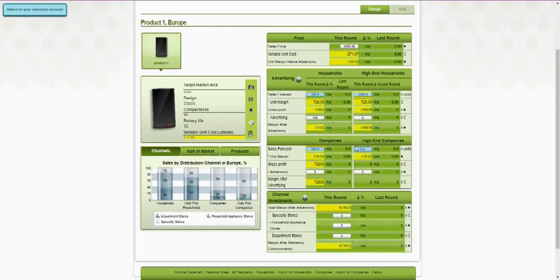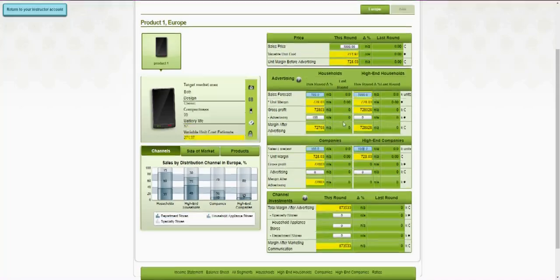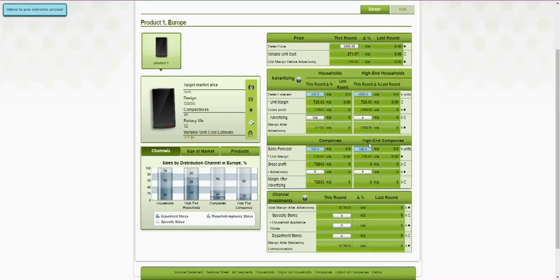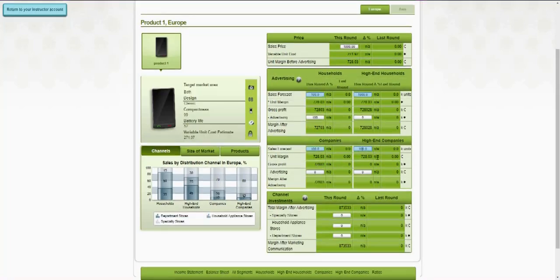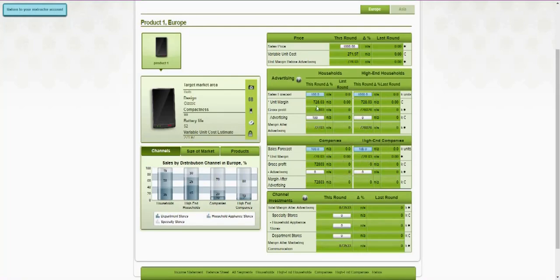And it may be that you may not want to sell your product or be targeting high-end companies. So you may think, well, this is a product for households, and you may have a higher sales forecast here than down here. But it's down to you to decide how many products you're going to make, and you also can choose how much you're going to spend on advertising.